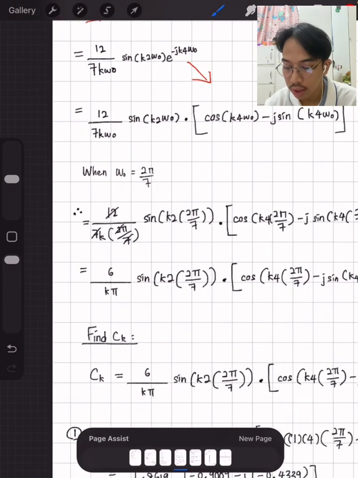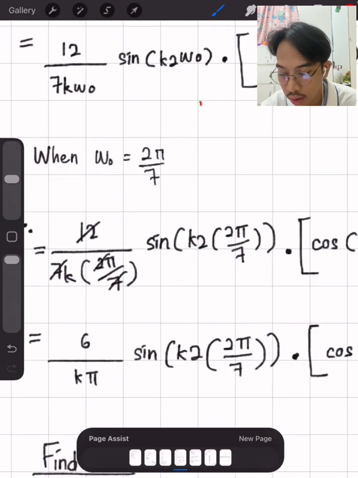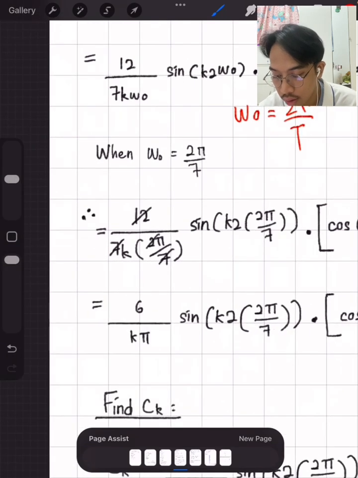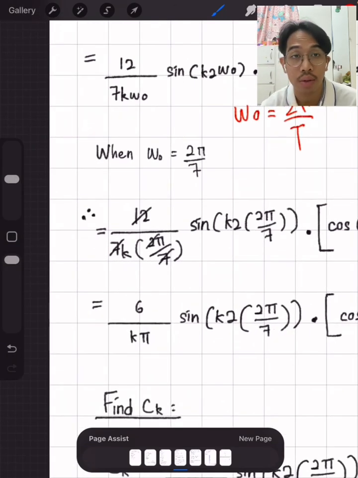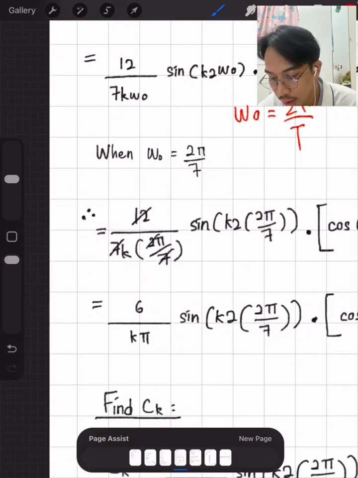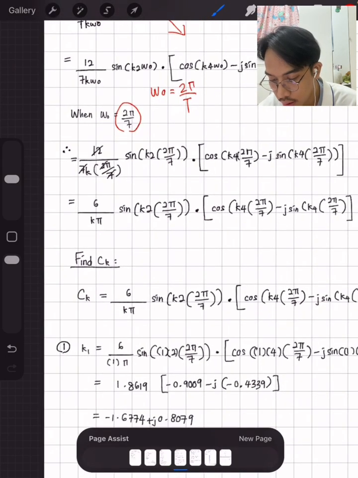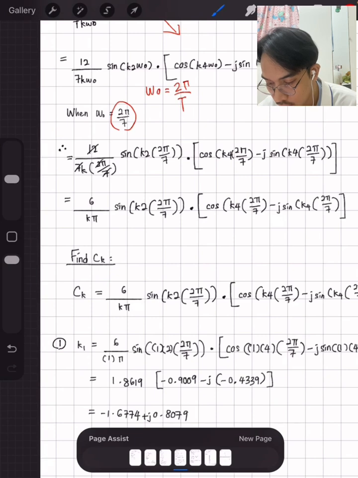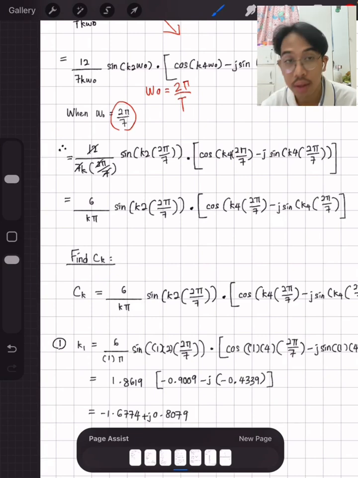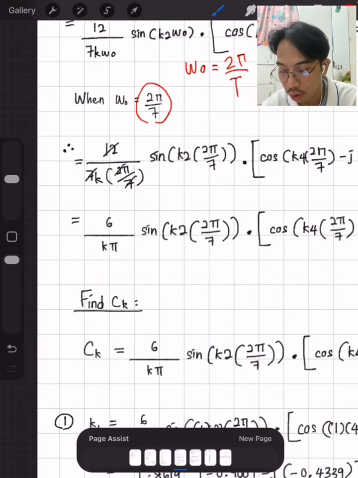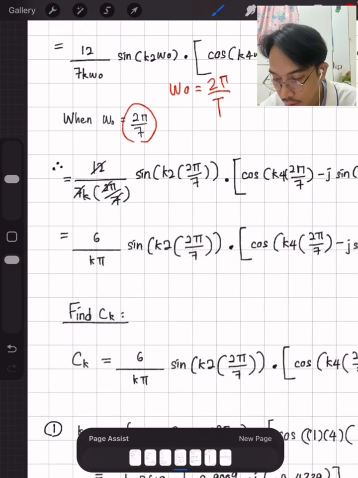Since our omega naught equals 2 pi over T, and T is equal to 7, we get this value of omega naught, and we can substitute the value of omega naught here.